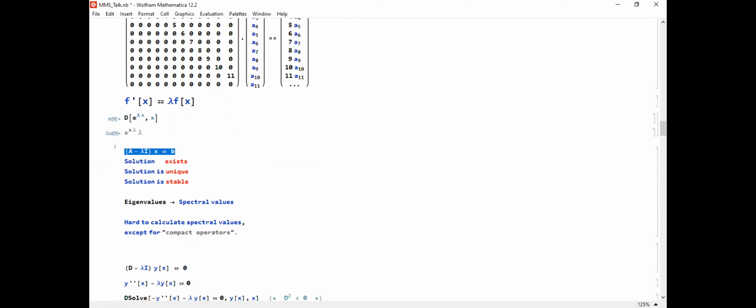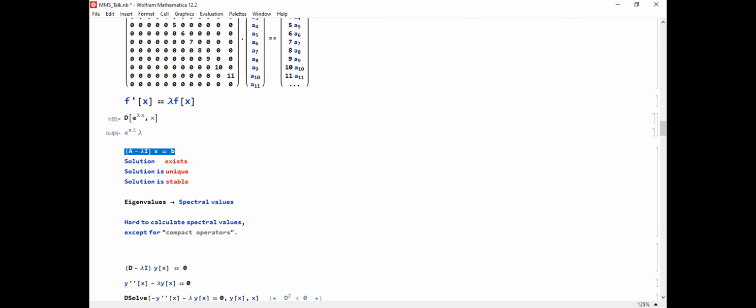What eigenvalues really show is when this equation, A minus lambda I times x equals b, goes wrong. Normally, you can invert this matrix, take it to this side, and for every vector b, you can find the corresponding vector x.